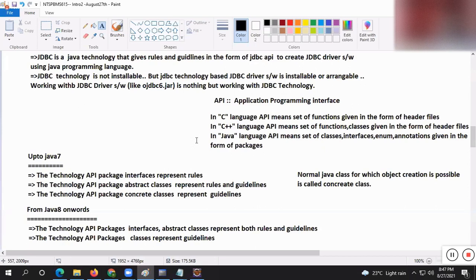That means we are not working with the technologies directly. We are working with the technology-based implementation software that comes in the form of what? Jar files. That's why you are forced to add the jar file.